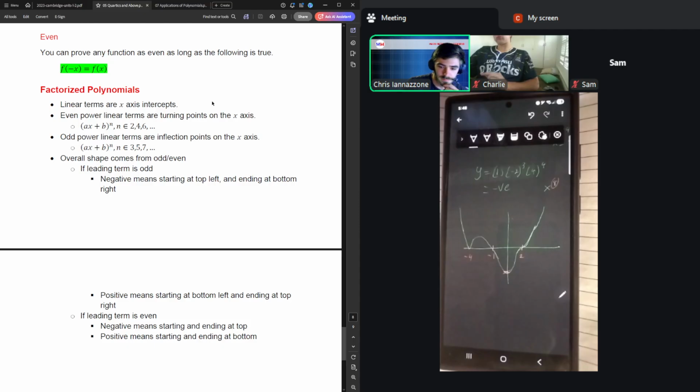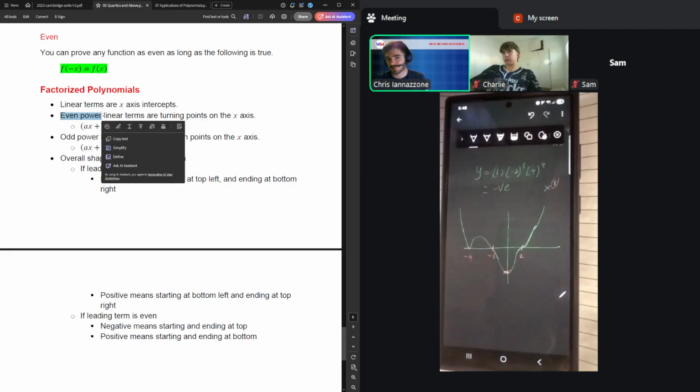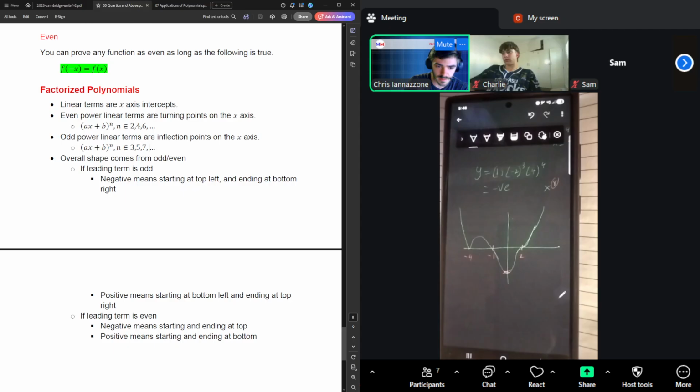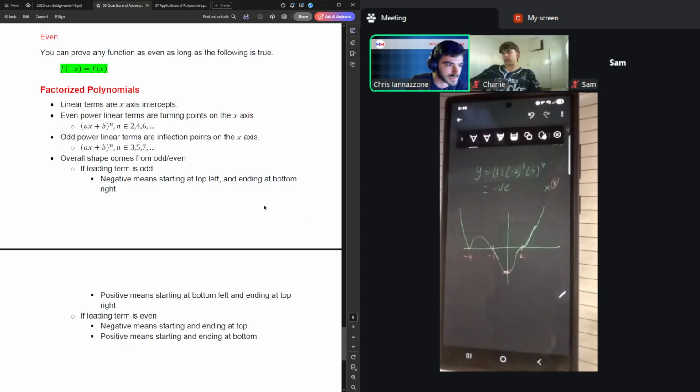That's all it was. All we're doing is expanding on what we looked at last week, which was if we had those even, or power of 2, it was a turning point. Now we're just extending that further to say, actually, all even powers are turning points, and all odd powers are inflection points. Anyone want me to clarify anything further on that?